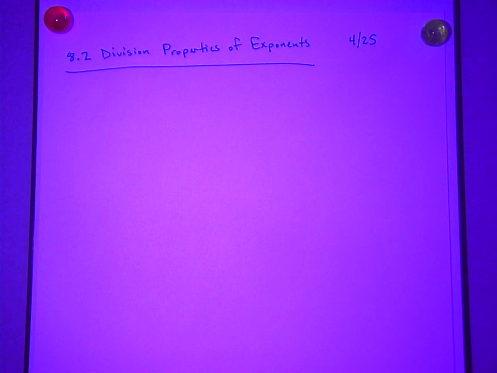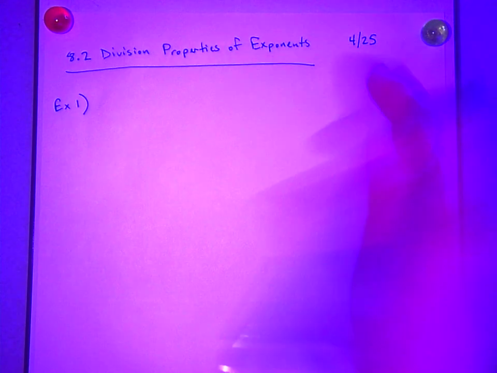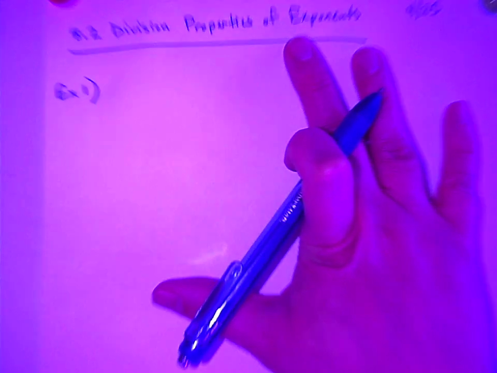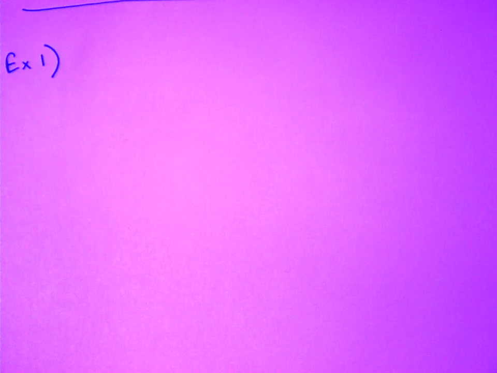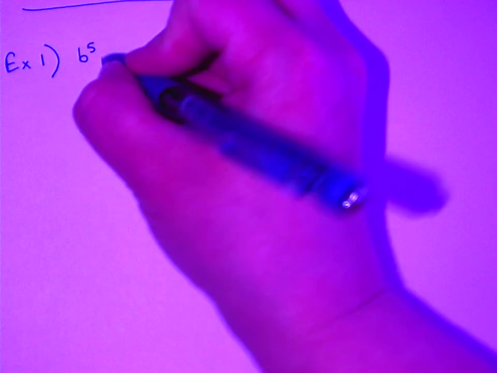All right, example 1 is going to be b to the 5th, c to the 7th, over b squared c.